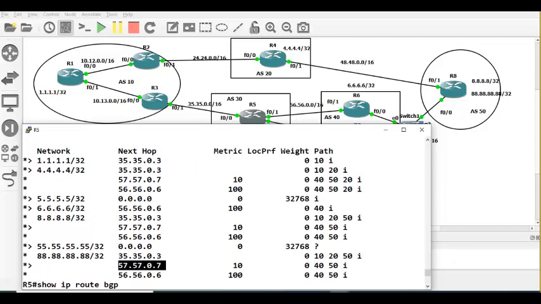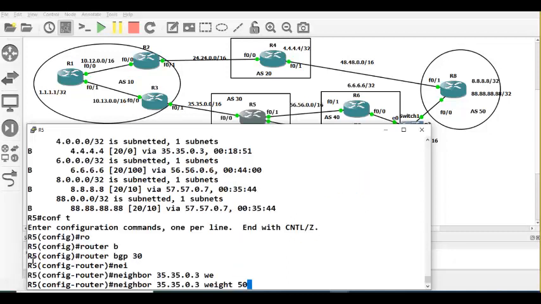But because I'm going to set high weightage here to router 3, even though router 3 is having a long AS path, weight comes before AS path. So the path will be via router 3. The greater than symbol will shift from here to here.